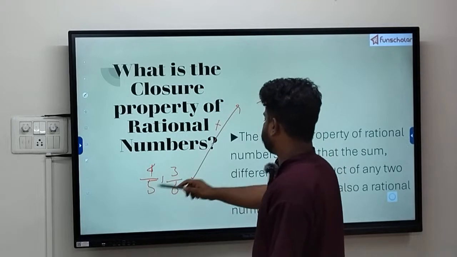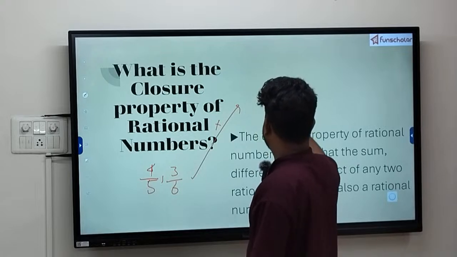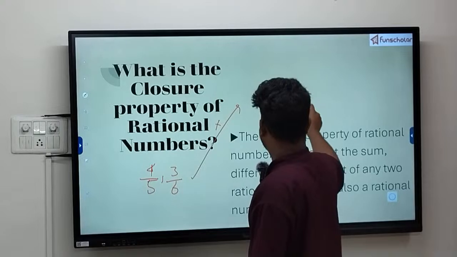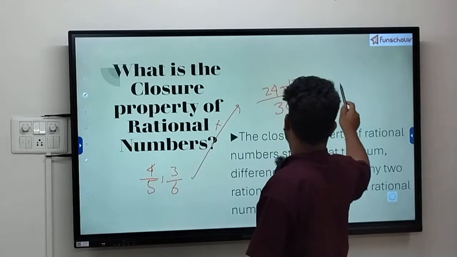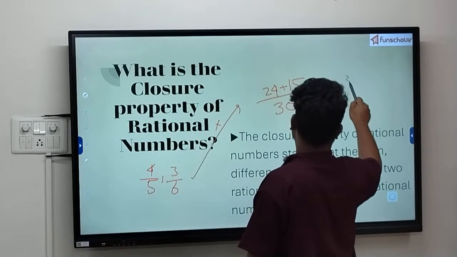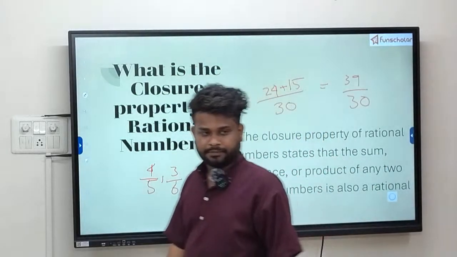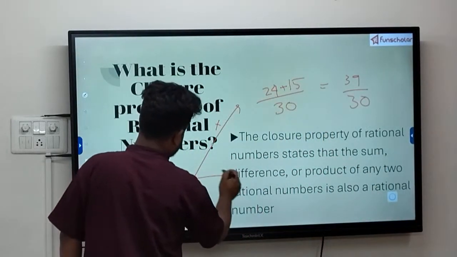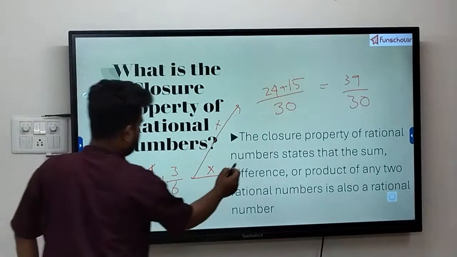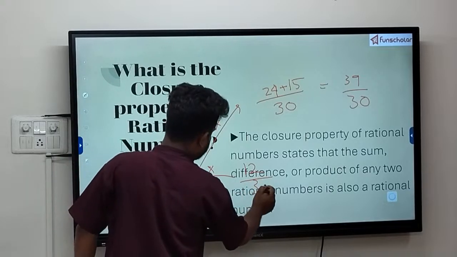It will be 39 by 30. If we multiply, it will be 12 by 30.